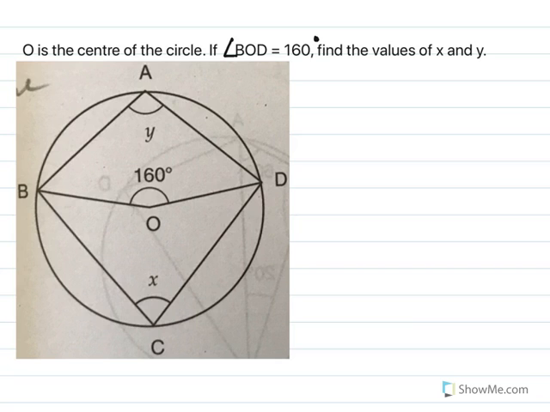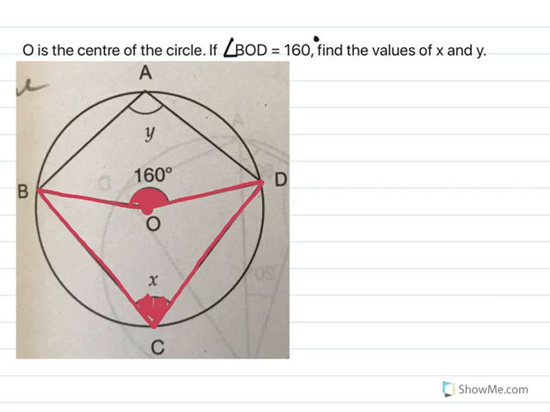Here again we have this angle is 160, BOD is 160. If BOD is 160 and BOD is the angle at the center, so the angle at the circle would be BCD, that is X, and it would be half of 160.